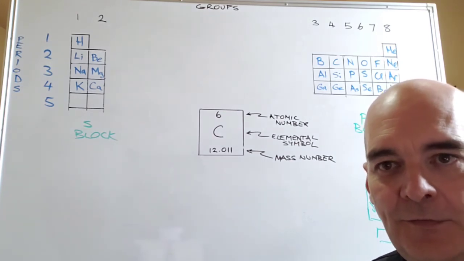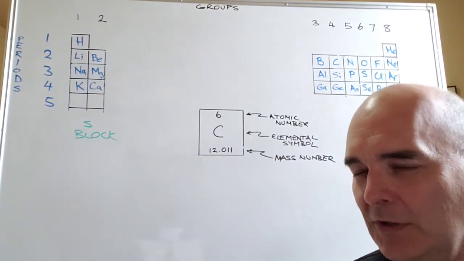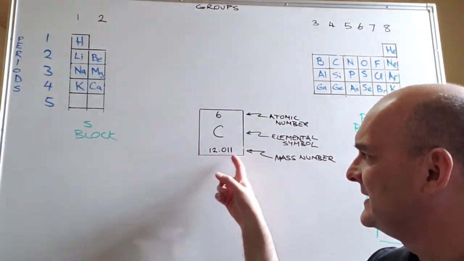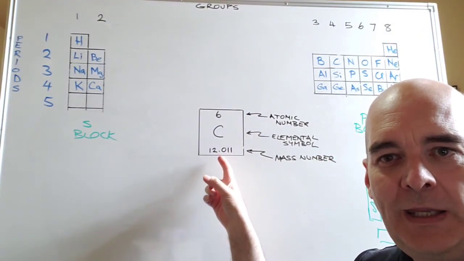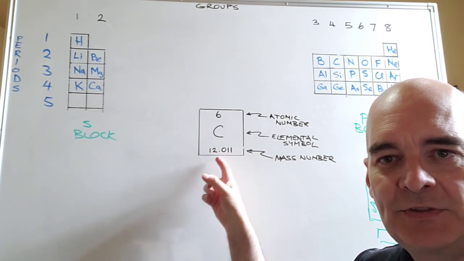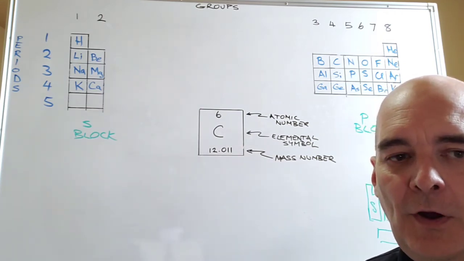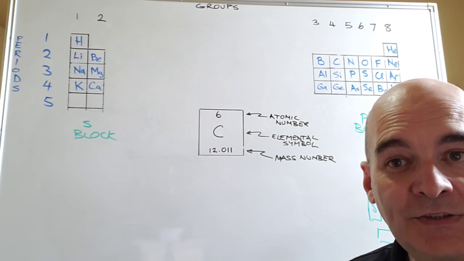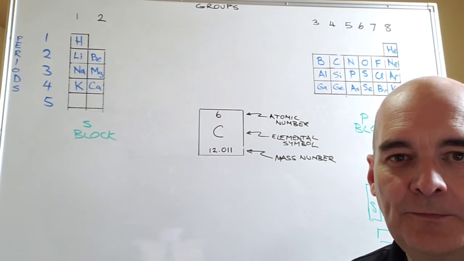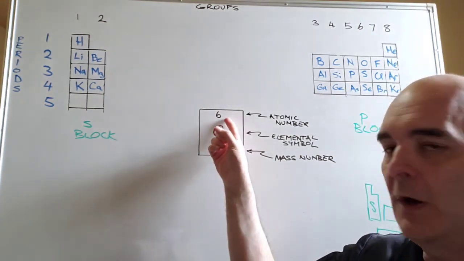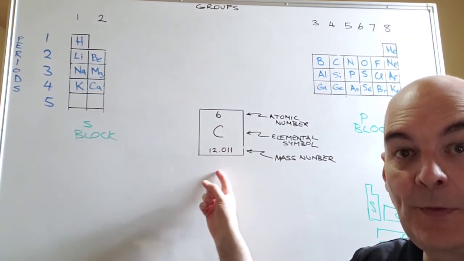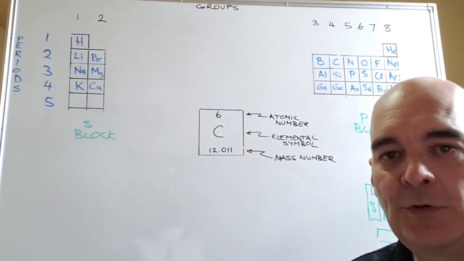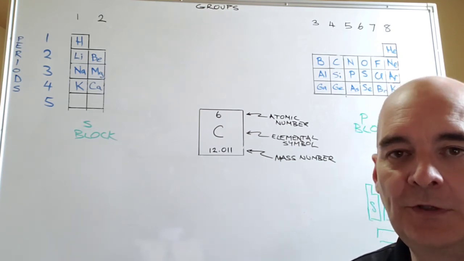It has significant figures. It has precision. That means this number has been measured. And what's going on here is that this number is the number of protons plus the number of neutrons. The atomic number, the smaller number, is the number of protons. The larger number, the mass number, is the number of protons plus the number of neutrons.